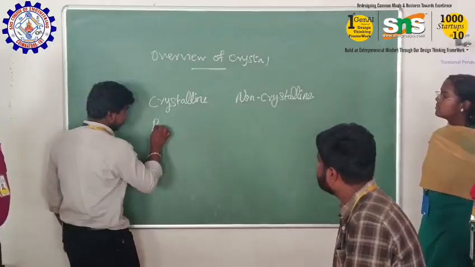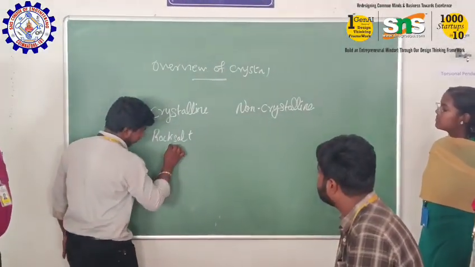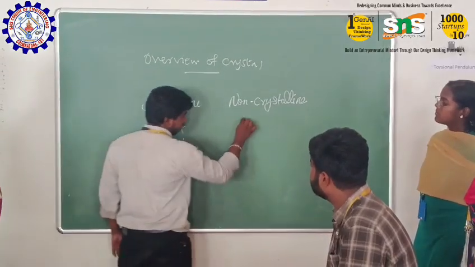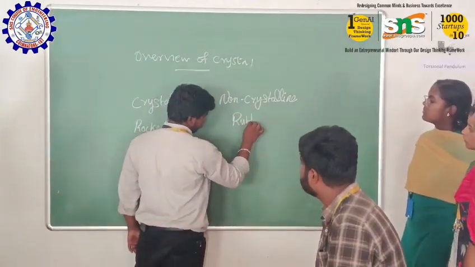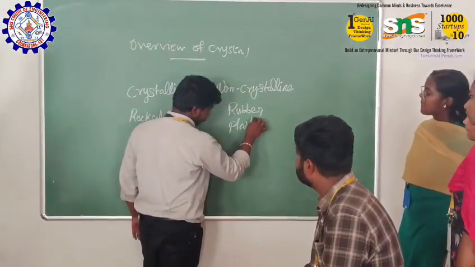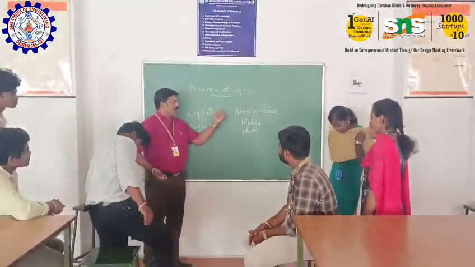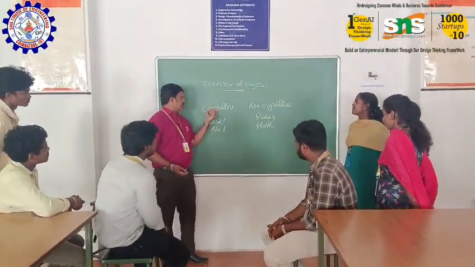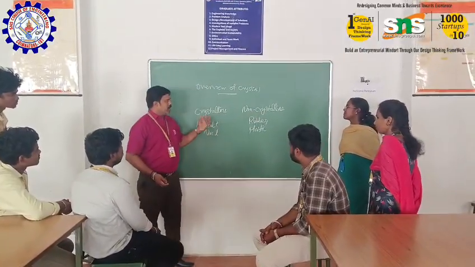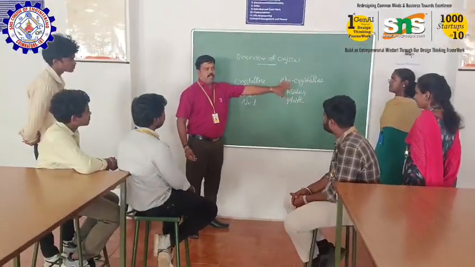Examples: rock salt, NaCl, rubber, and plastic. Very good. So you have classified them into two categories, crystalline and non-crystalline. But what is crystalline and what is non-crystalline? Do you know that?